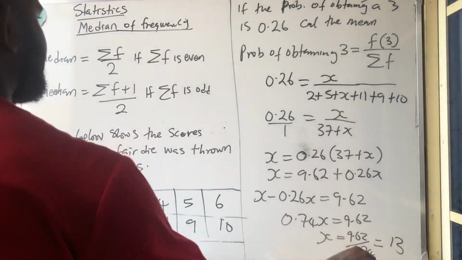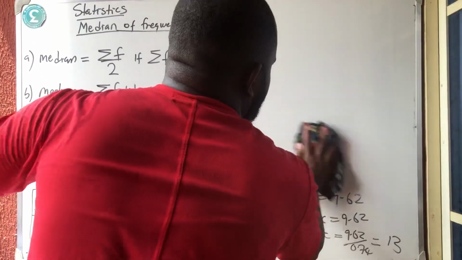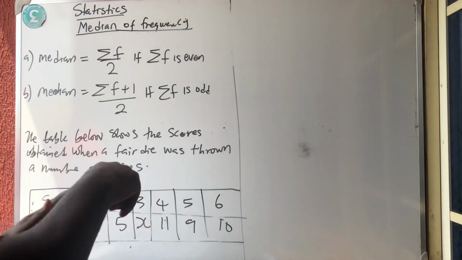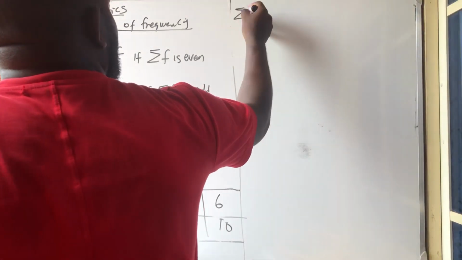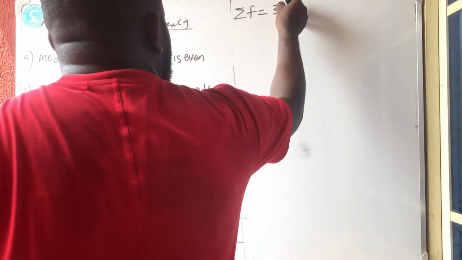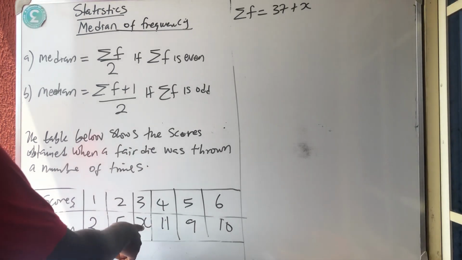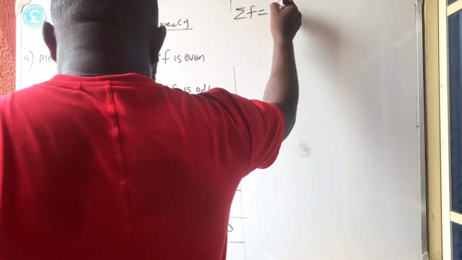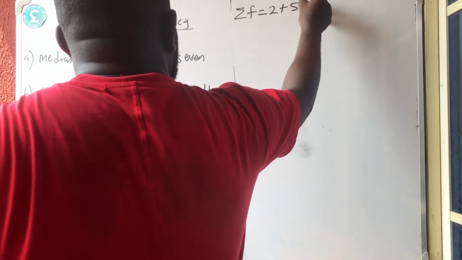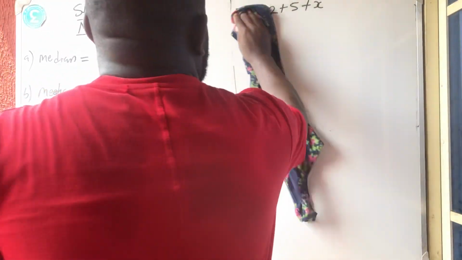So if my x is 13, now how do I get the median? To know where it will fall, we need summation f, which we calculated to be 37 plus x. Let me do it direct.